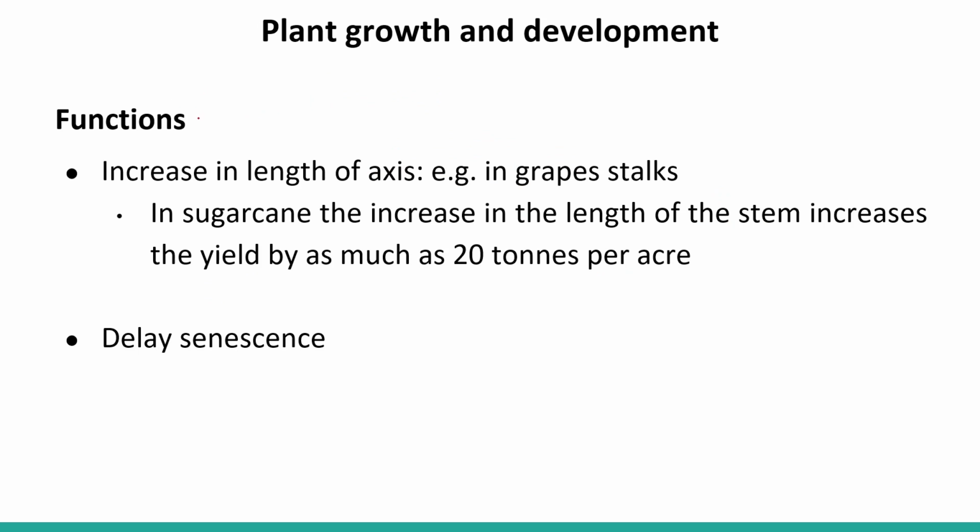Now let's study the functions of gibberellins. The first major function is the increase in the length of the axis, or you can say the increase in the length of the stem. An example can be the grape stalk. You remember that Gibberella fujikuroi, which secretes gibberellic acid, causes enhanced internode growth.